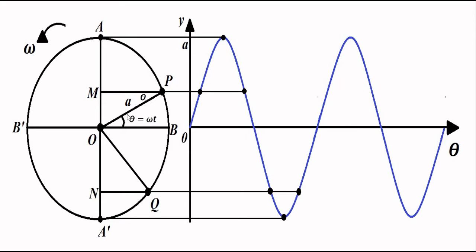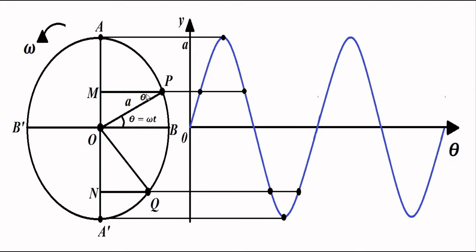First thing is this angle. When we correlate it with uniform circular motion and we have to determine this instantaneous position OM, this angle is very important. If it is theta, which is equal to omega t, then this angle will also be theta, by the alternate angle property.